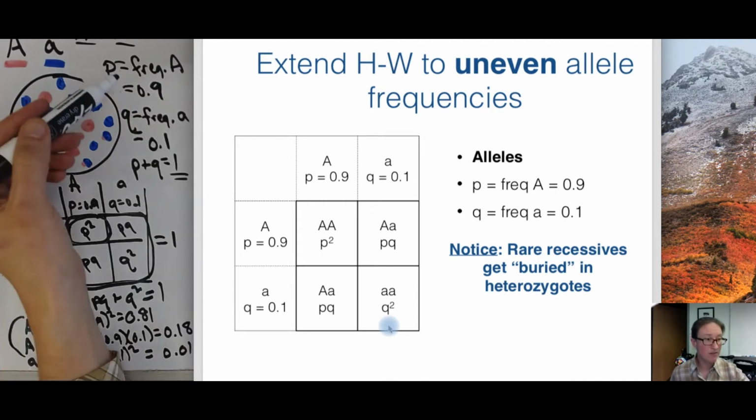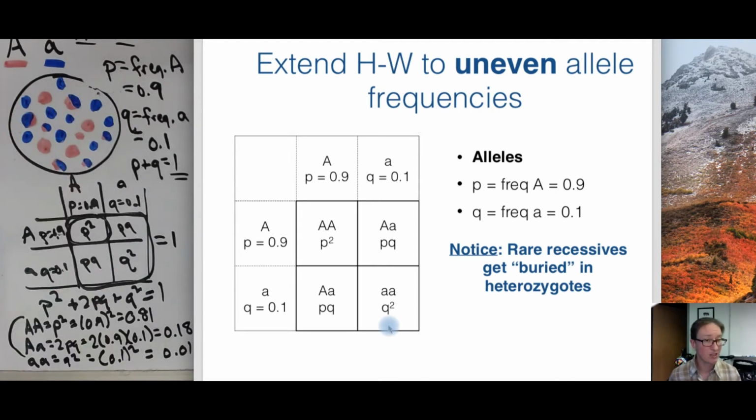So when 90% of the alleles in the population as a whole are the dominant allele, notice that the majority of the recessive alleles, so 19% of the population has at least one recessive allele, the majority of those recessive alleles are in the heterozygotes. So homozygous recessive individuals are very rare when we have these kinds of allele frequencies.